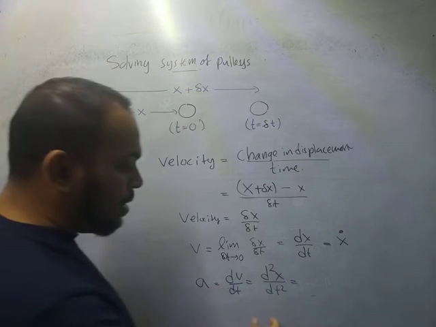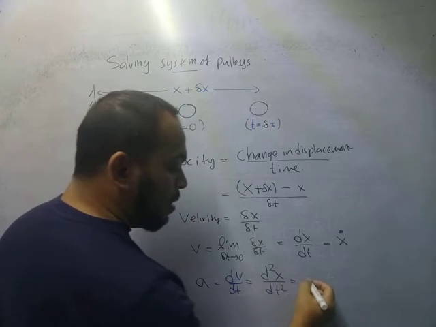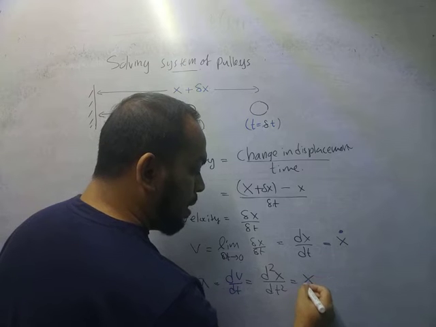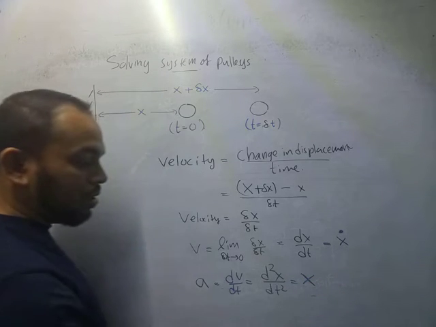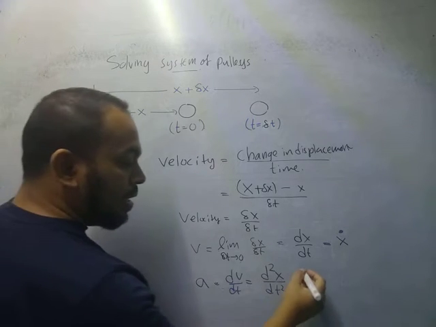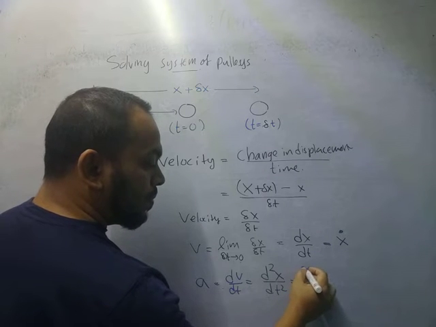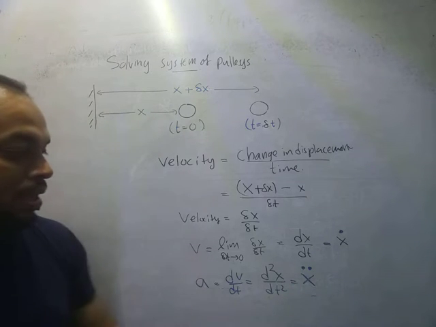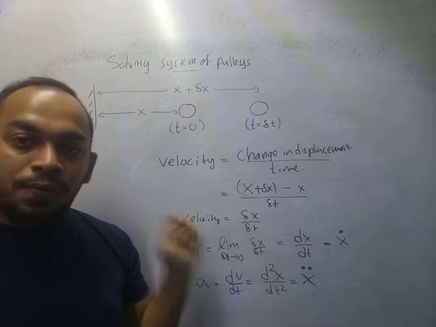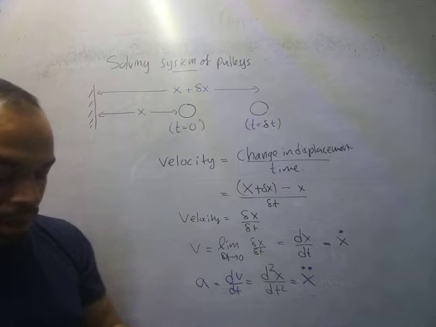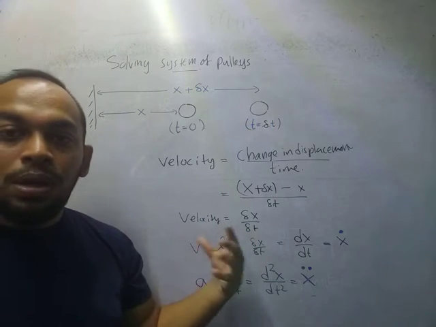Again, instead of writing this whole thing, in applied mathematics we use this notation: put the variable x and put two dots. Two dots represent differentiated twice. This is how you represent acceleration.